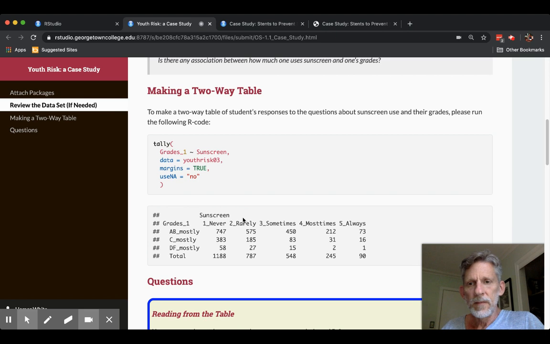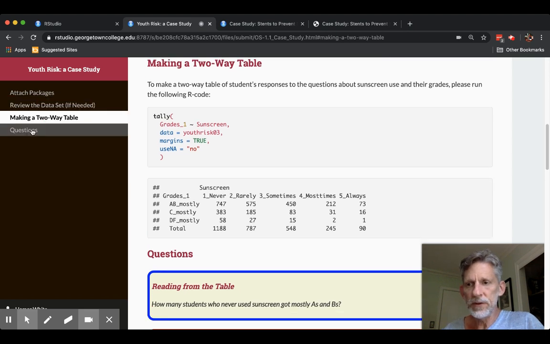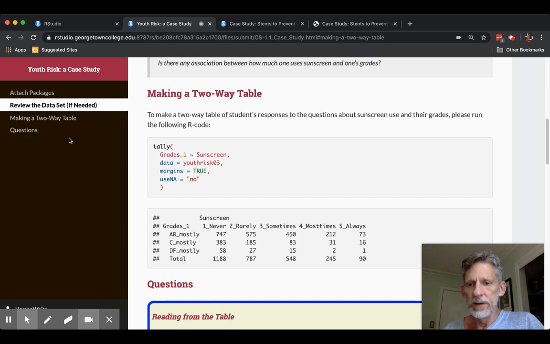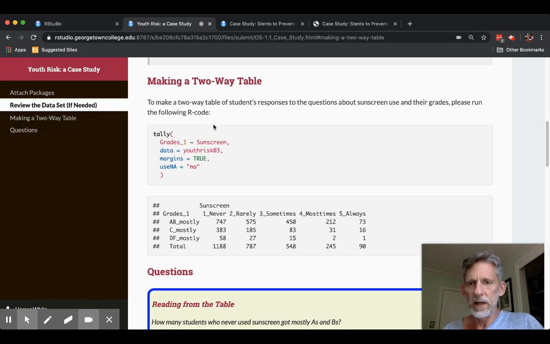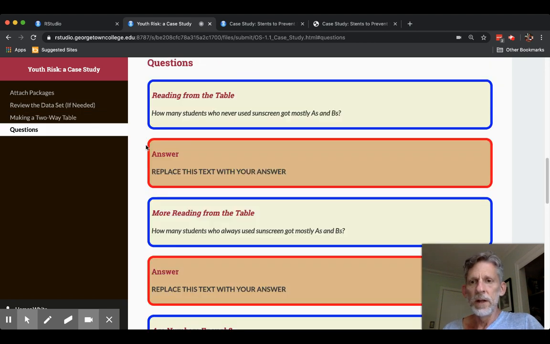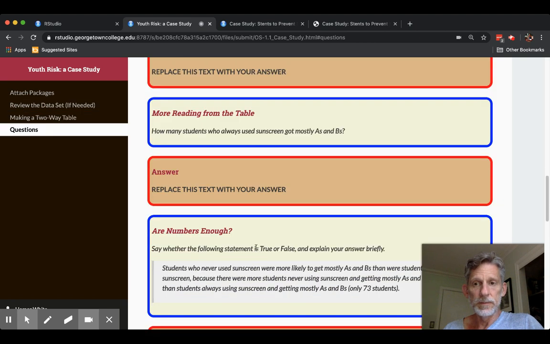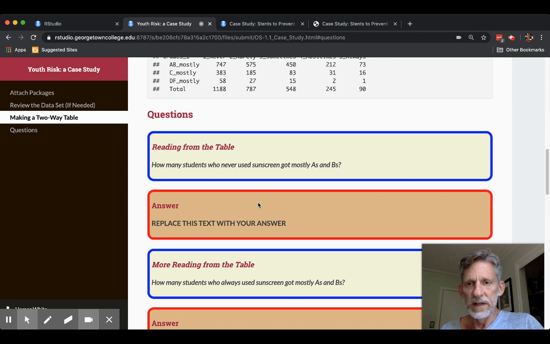And then there's questions. Actually, sorry, there's a setup where they ask you to make a two-way table. And there's another section where they're going to give you questions about it. And for each of those questions you're going to enter a response in a certain place in the DA.